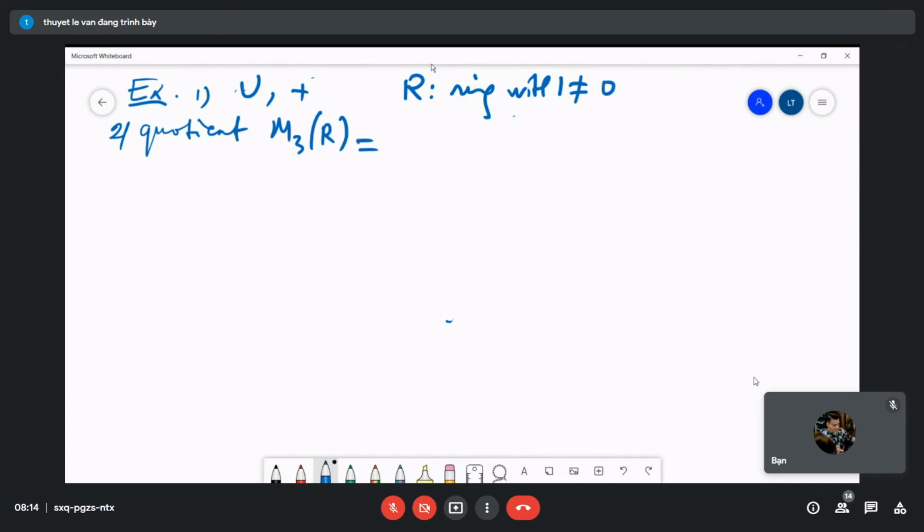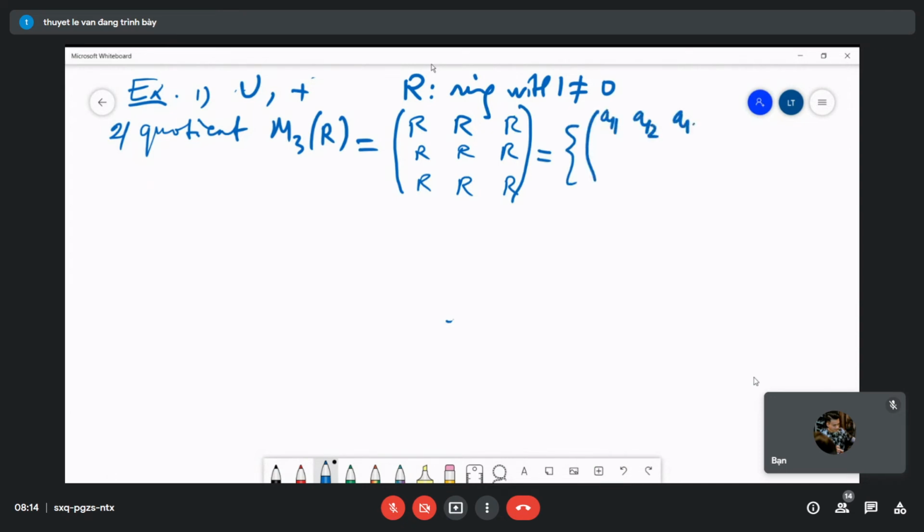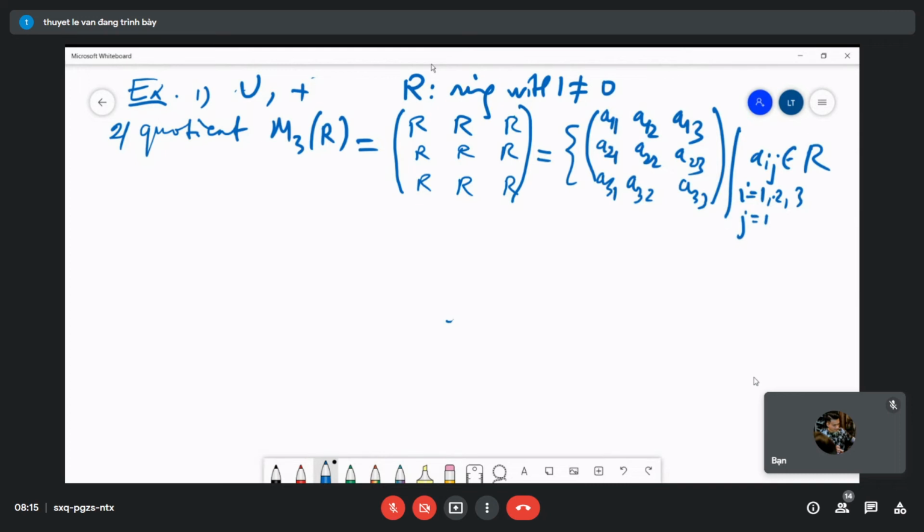That is equal to R, R, R. If you want to write the elements, that is the matrix with entries a11, a12, a13, a21, a22, a23, and a31, a32, a33, where aij is in R, i from 1 to 3 and j is 1, 2, 3.